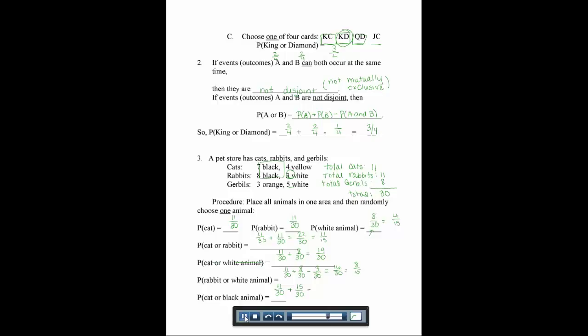Minus, now we need to subtract the ones that overlap. Since we have cat and black, the black cats, we've got 7 of them. So minus 7 out of 30. Okay, so we need to add this up. So we get a total of 19 over 30.